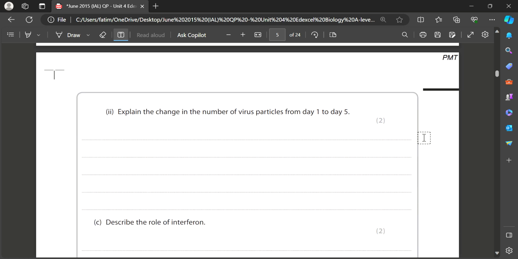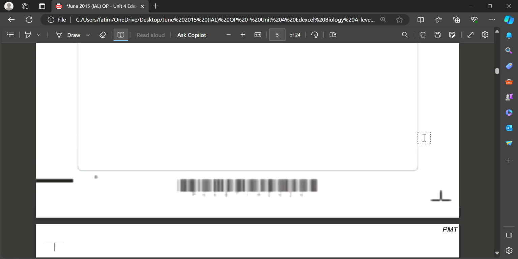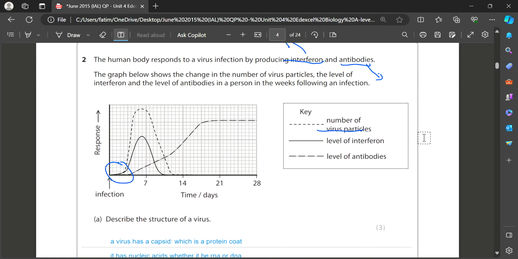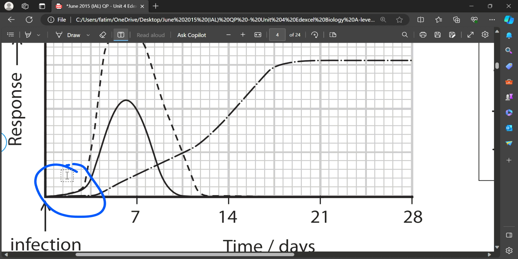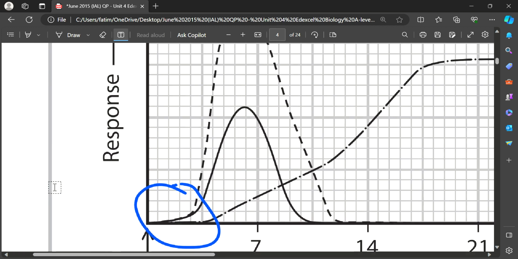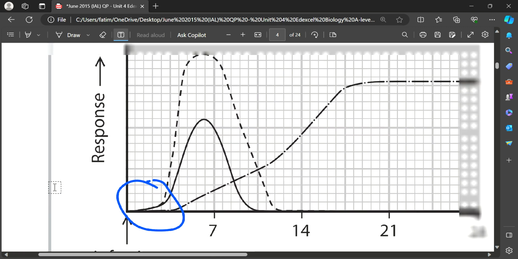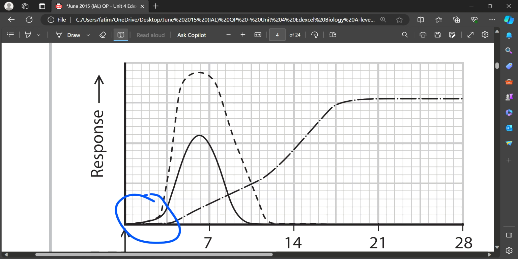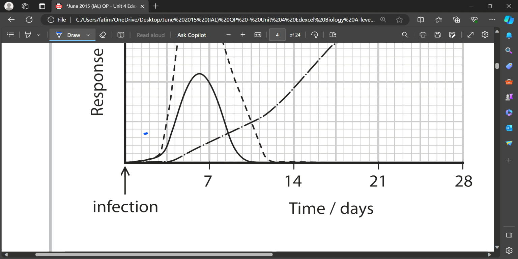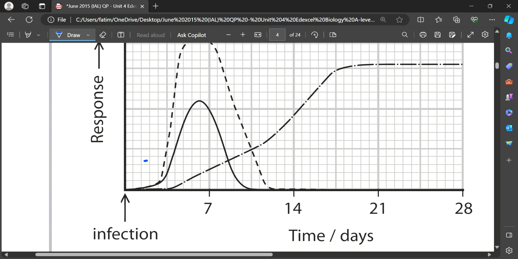Now we need to explain the change in number of viruses from day 1 to day 5. So over here, let's have a look. Okay, wait a second. Yeah, I think that's perfect. If you look at the graph, this is infection, this is day 7, so day 5 will probably be somewhere around here.